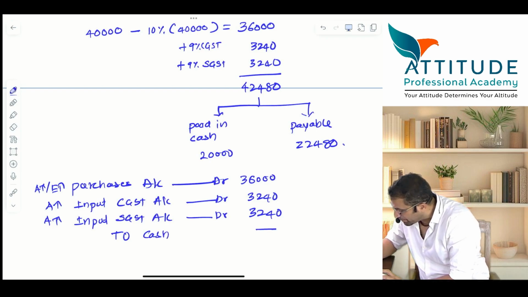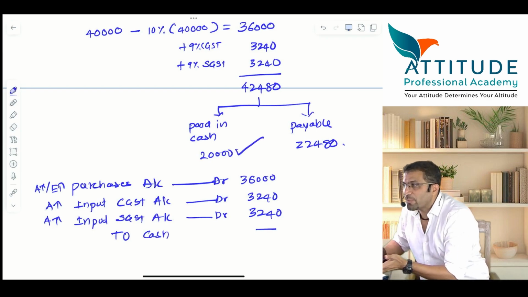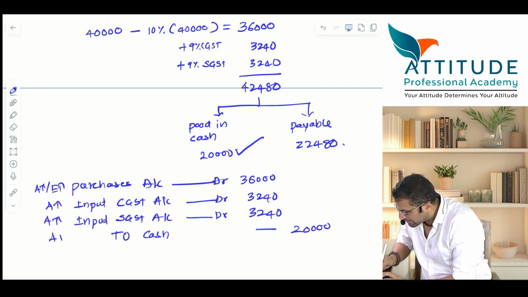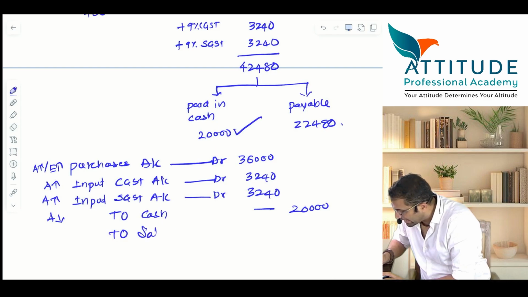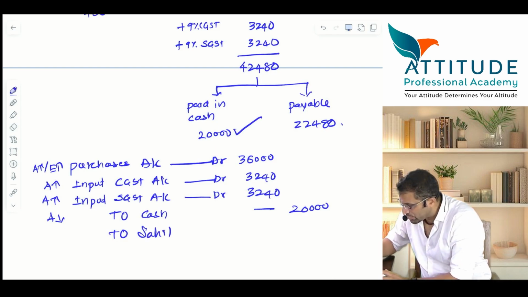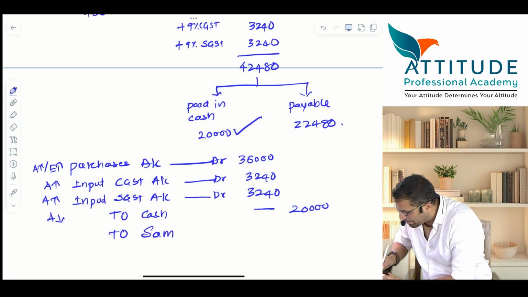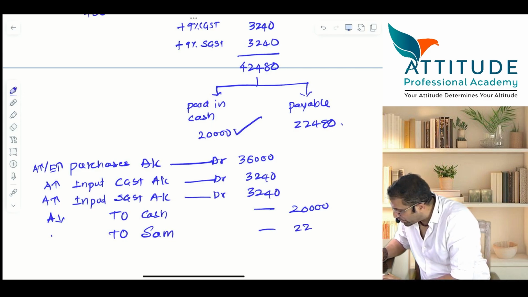To cash. How much have you paid? 20,000 cash you have paid, right? Asset reduces. And then to Sam. Uncle Sam. What should I write here? Yeah, 22,480.